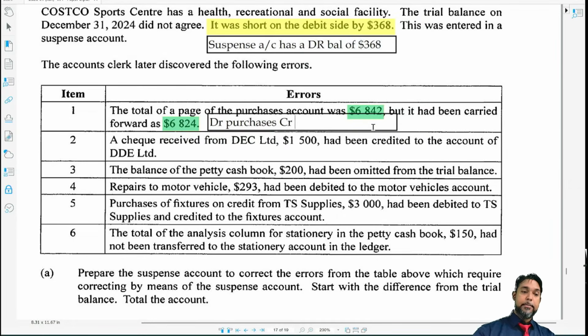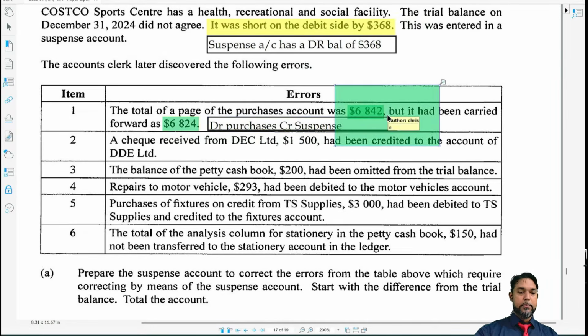The suspense. Why? Because this was an error, an arithmetic error in that account alone. It did not affect any other account. There was no double entry. It was just a wrong figure brought forward, right? And credit. So the suspense account is used to facilitate the double entry because every debit needs a corresponding credit.